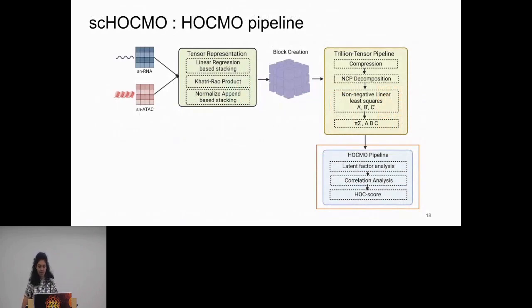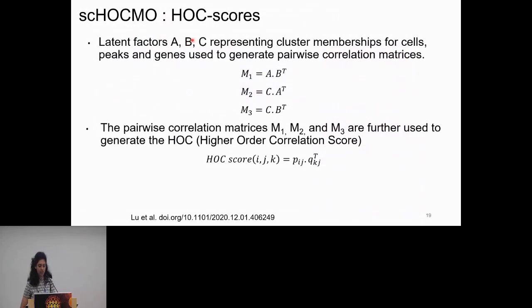So, latent factors A, B, C were representing cluster memberships of cells, peaks, and genes, which are now used to generate pairwise correlation matrices denoted by M1, M2, and M3, which could be further used to calculate and model the higher order correlation scores given here.